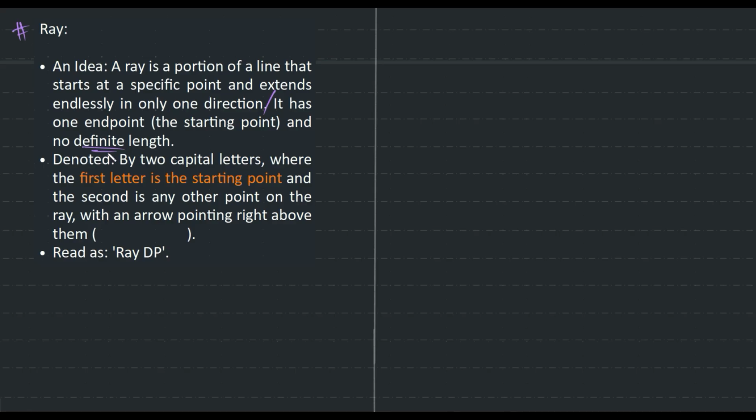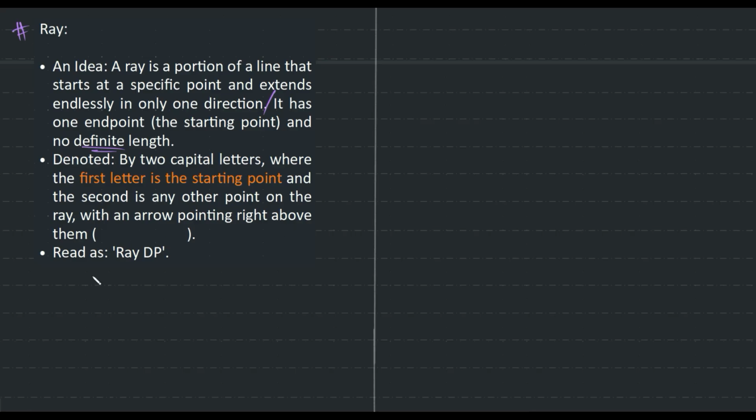We know the starting point, right? But we don't know the ending point. So there's no definite length. We can't tell, okay, it's 10 centimeters. It's denoted by two capital letters, same as before, where the first letter is the starting point. It's always so. And the second letter is another point on the ray with an arrow pointing right above them.